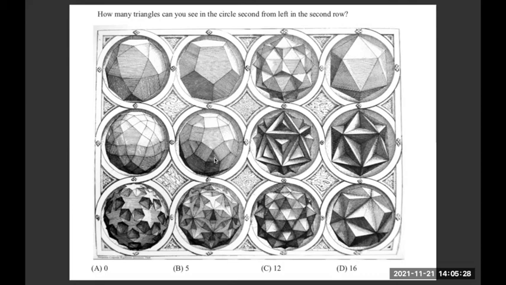Anybody wants to say? 10. If these are 3D solids, then 10 triangles will be present. Since you are given a circle, it's not a solid. The word they have used is a circle. That's where we'll say 5. So option B is the correct one here.